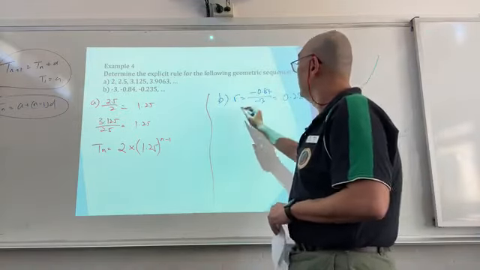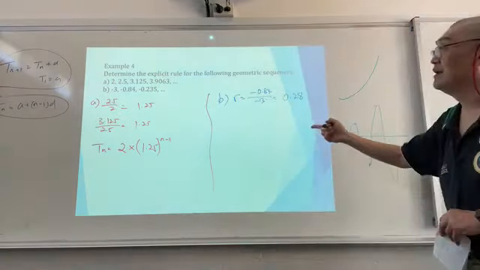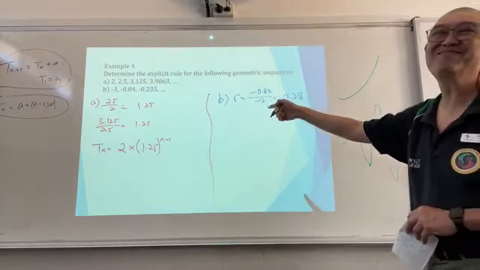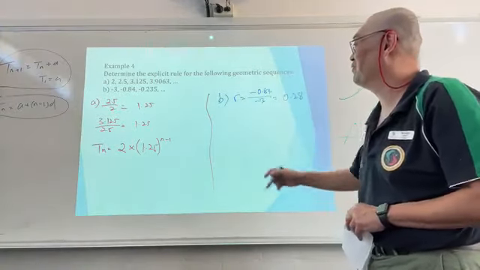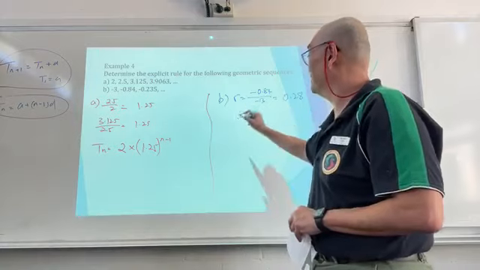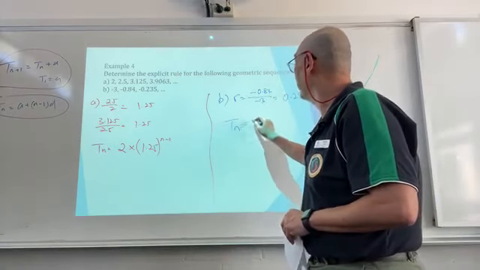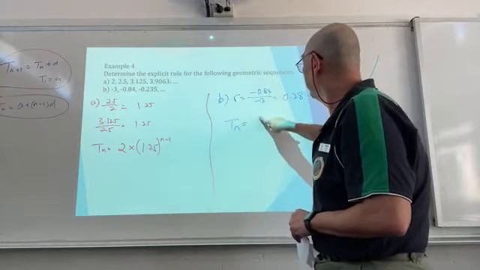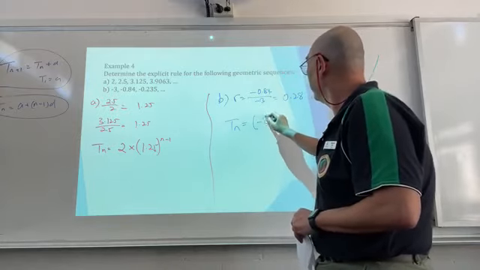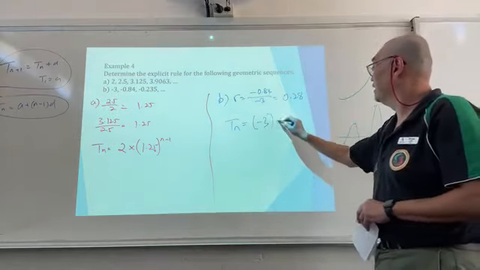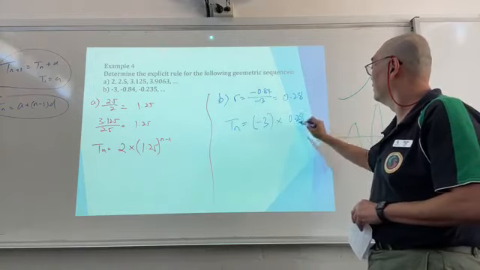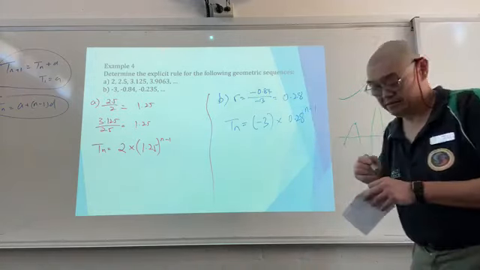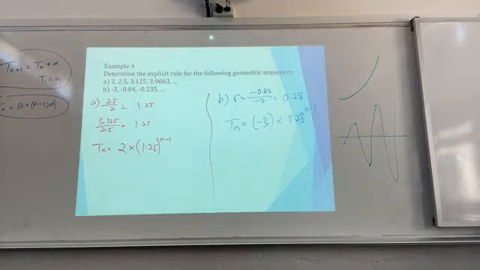All right? I'm not going to do two. I'm a bit lazy here, so I'm going to use the 0.28. So therefore Tn equals minus 3, again I'll use a bracket, minus 3 times 0.28 to the power of n minus 1. All right? So that's how you should do it. Work out the r.